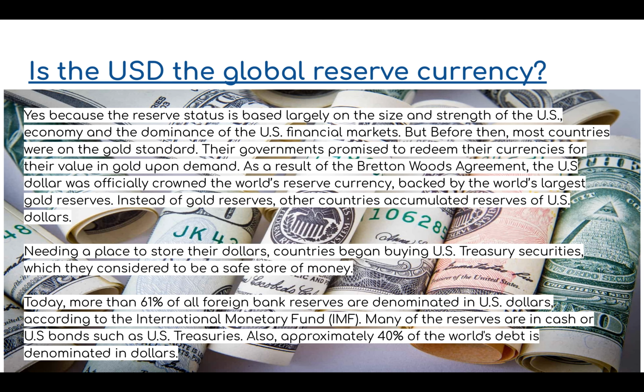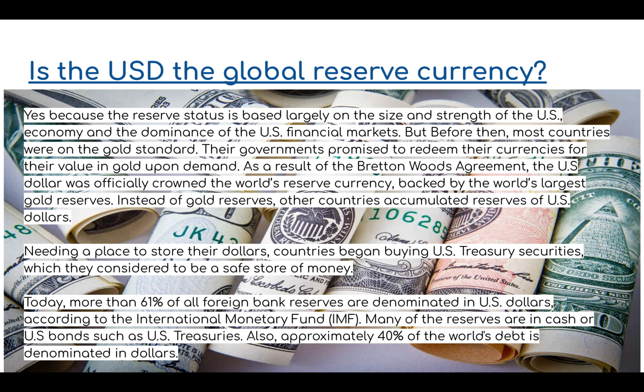As a result of the Bretton Woods Agreement, the U.S. dollar was officially crowned the world's reserve currency, backed by the world's largest gold reserves. Instead of gold reserves, other countries accumulated reserves of the US dollar. Needing a place to store their dollars, countries began buying US Treasury securities, which they considered to be a safe store of money.